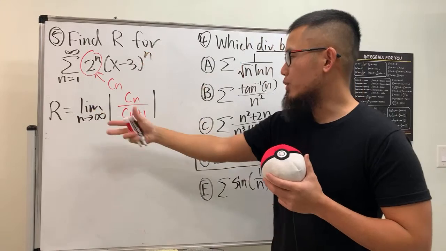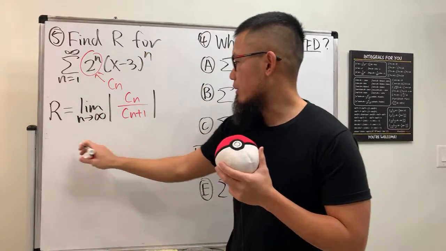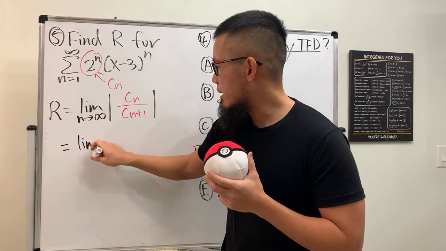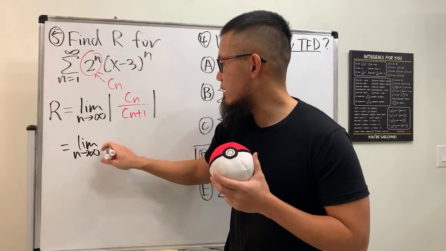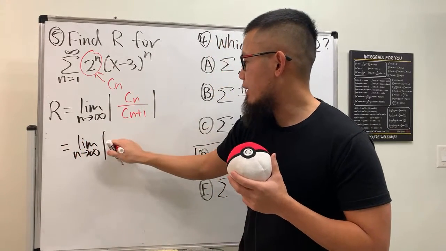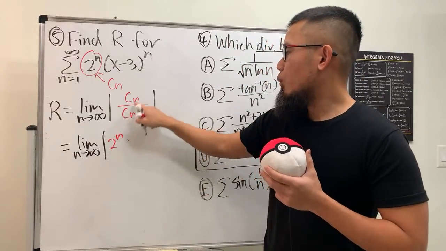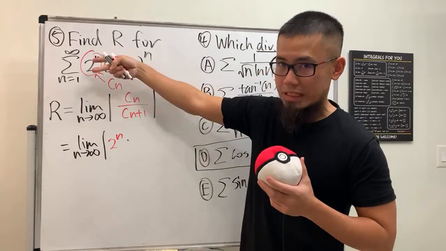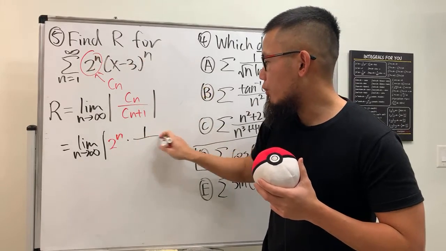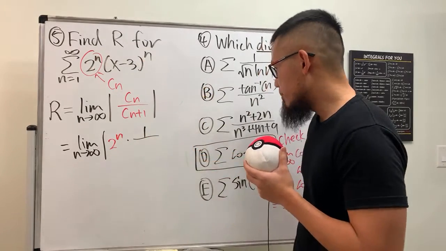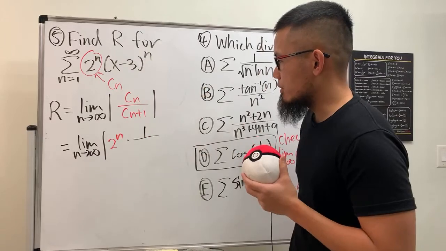By the way, we just have to do this, so here we go. This is the limit as n goes to infinity. C_n is just 2 to the n, times the reciprocal of C_(n+1), so I get 1 over 2 to the n plus 1.